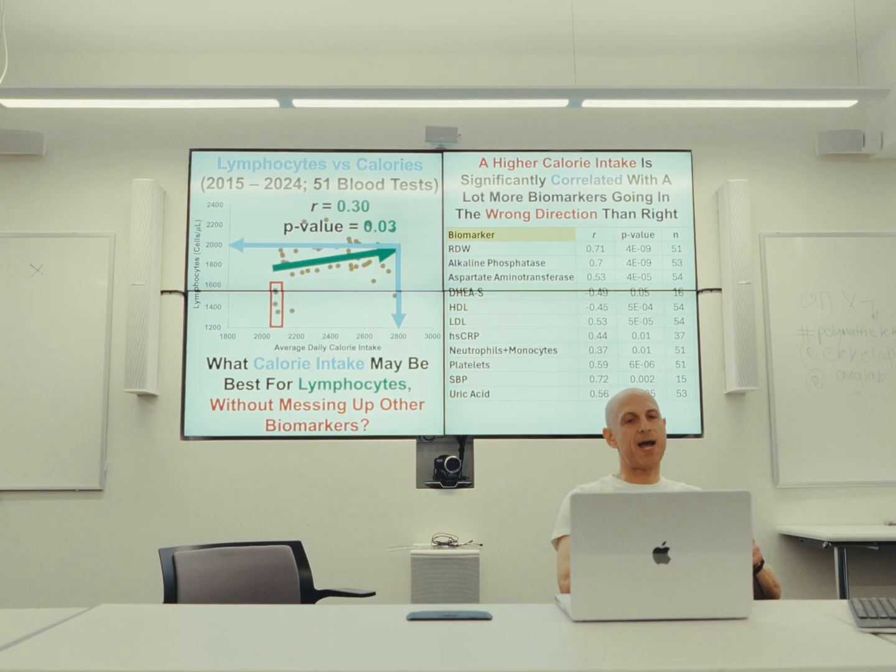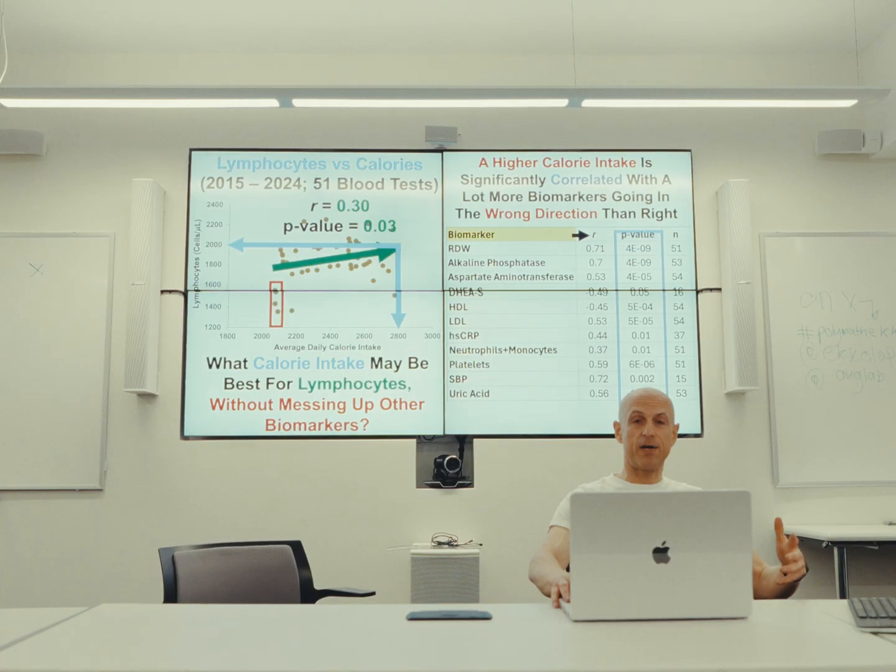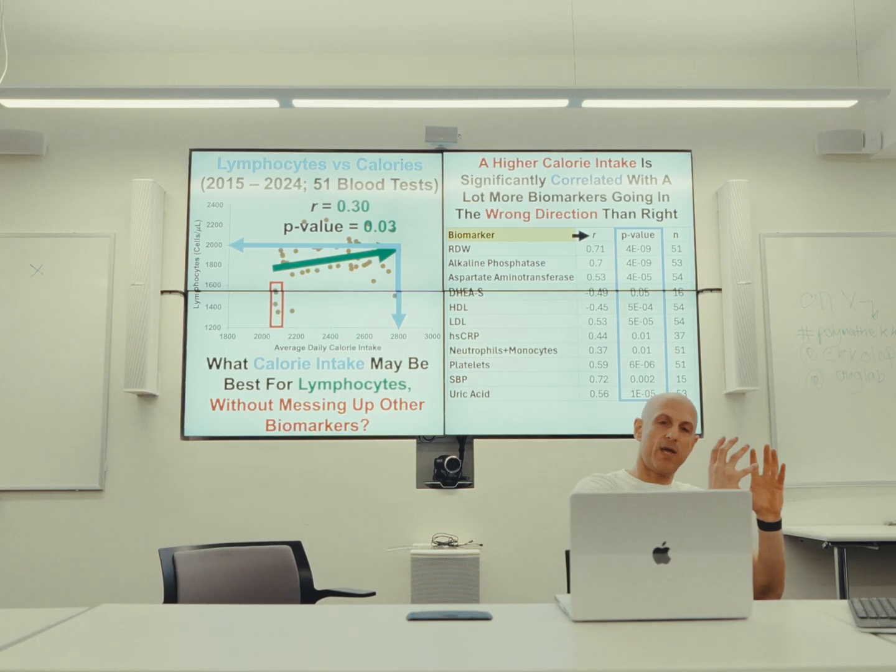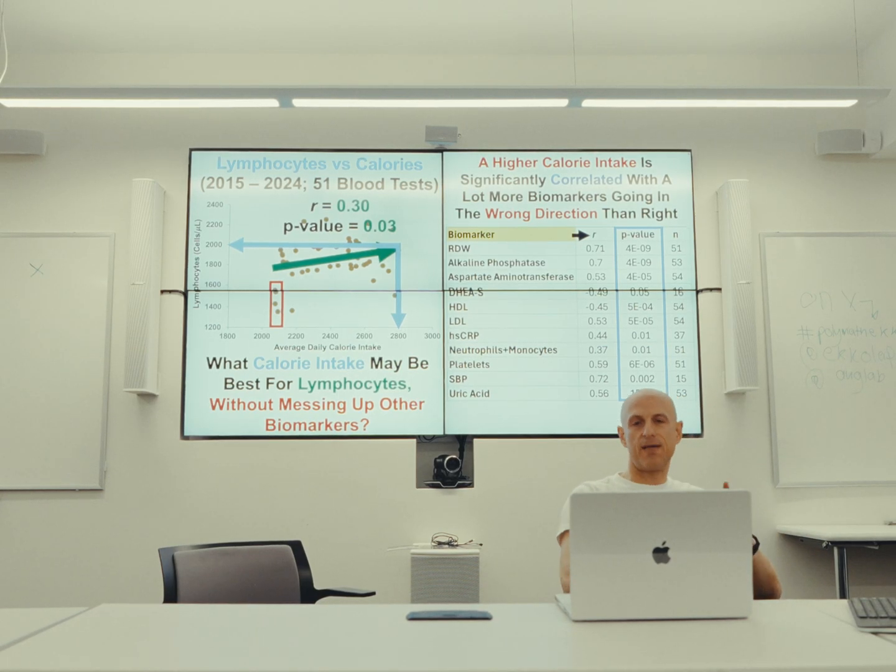As I mentioned, I tracked that panel of about 25 to 30 biomarkers on the standard chemistry panel and CBC, and these are just the ones. The little r is the correlation coefficient, and the p-value is for the correlation of calorie intake with each of these biomarkers. Almost half of those 25 biomarkers of organ and systemic function are significantly correlated with calorie intake going in the wrong direction in terms of how they look in the youthful state versus age and their associations with all-cause mortality risk.